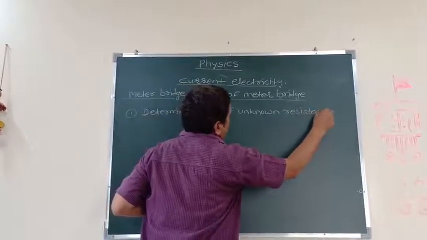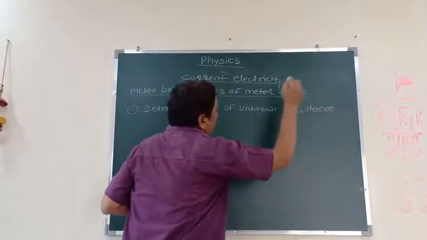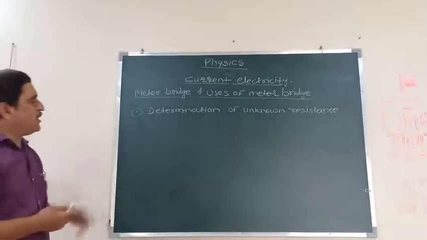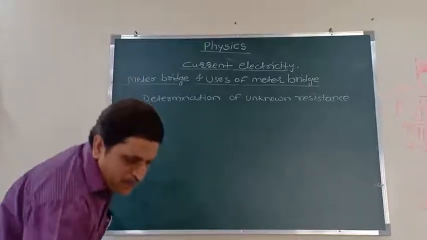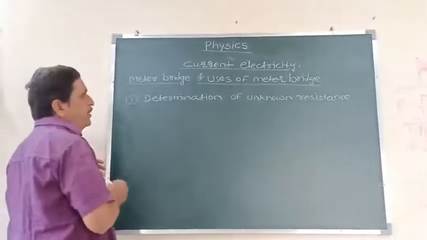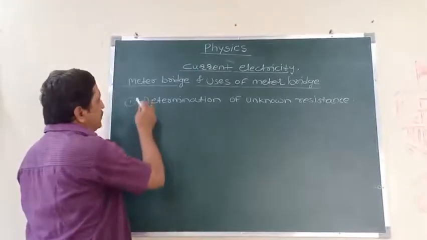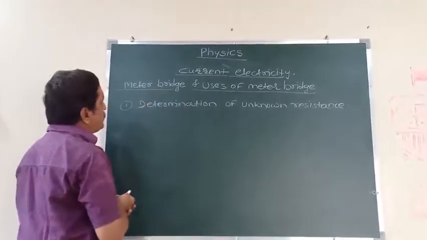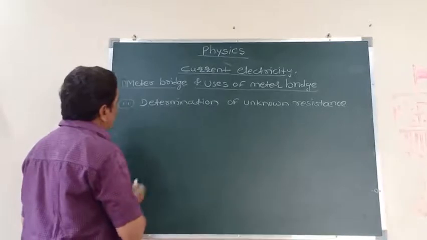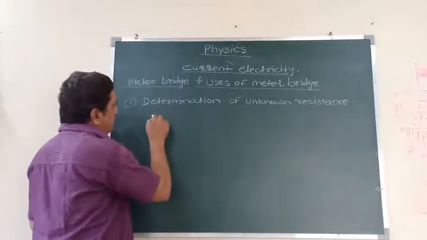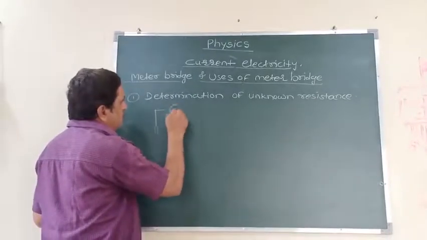We can use Wheatstone's network for this. In physics lab also, we are doing the same experiment by using the meter bridge. That means the determination of unknown resistance by using Wheatstone's meter bridge. For that, first we have to draw this diagram.